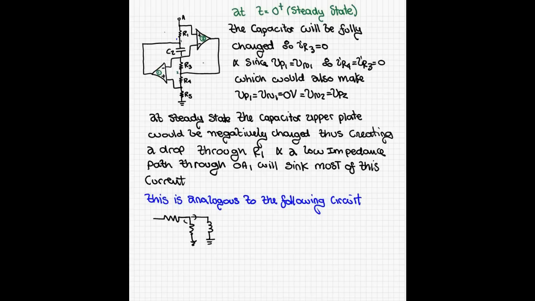So in the beginning the inductor will oppose the changing current, but after a long time the current through the inductor is basically going to be maximum, right? So it's going to just act as a wire. So it's going to bring this node right here down to 0 volts. And that's exactly what we see after a long time.